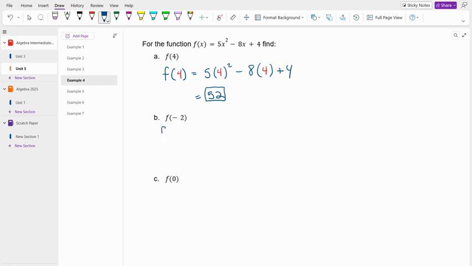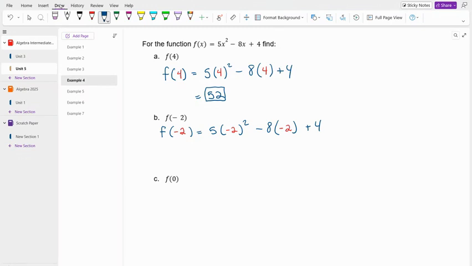Same thing for f of negative 2. I'm going to take out the x's. And this is that moment where having a colored pencil or a pen really helps, so you can see what you're plugging in, what you're substituting.